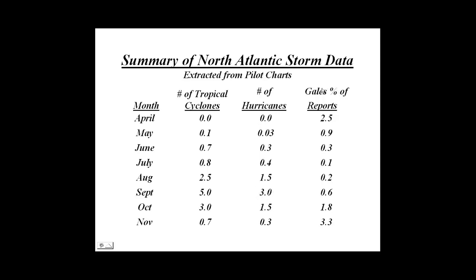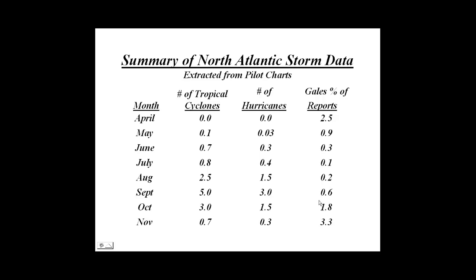And there are gales. These are gales reported from ships, gales meaning 34 knots or greater. This is the percent of reports that are reporting gales, and most of these are coming from northern weather systems as opposed to tropical weather systems, and you see these reducing as we get towards summer.